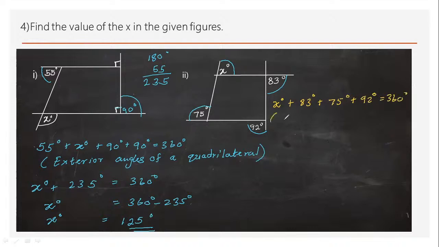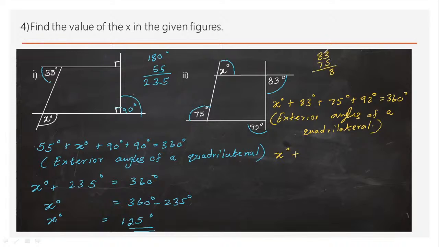Exterior angles of a quadrilateral. Then x plus at this 83 and 75.